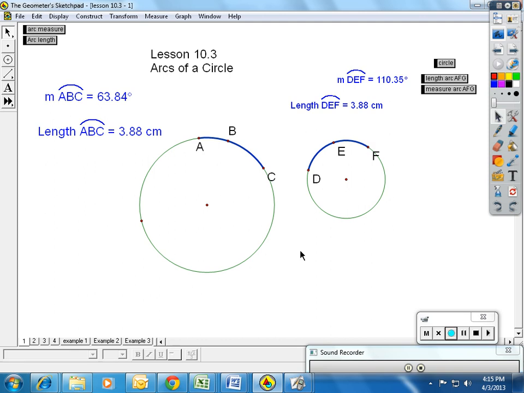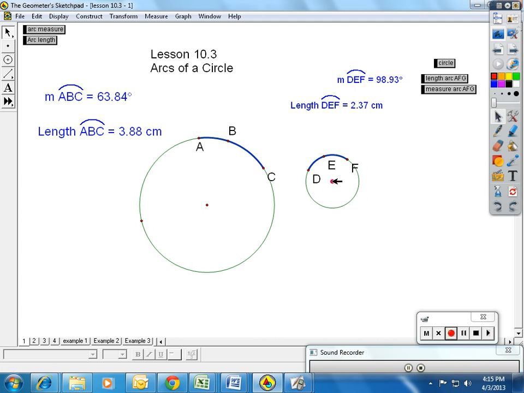There we go, 3.88. Notice we have the same length there, but we would not say that these two arcs are congruent. And you can imagine if I laid them on top of one another, they would not match one another perfectly. And we can see, here's the reason, that our arc measures are different. Our arc measures are different even though our lengths are the same.